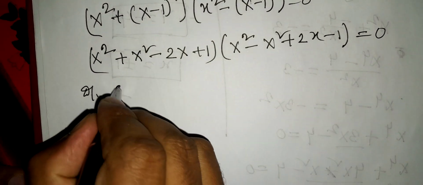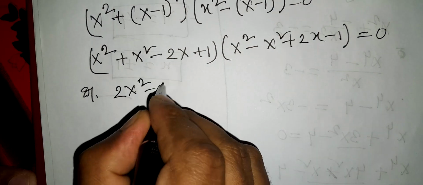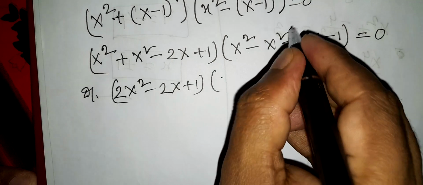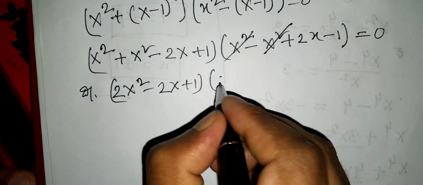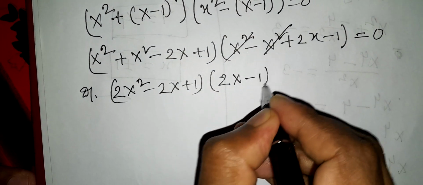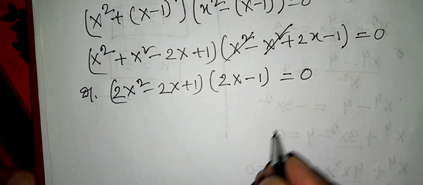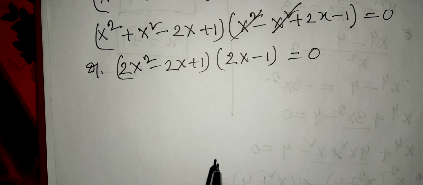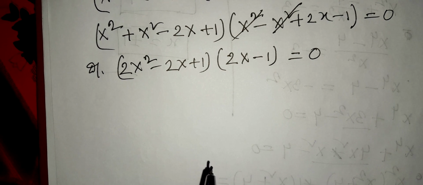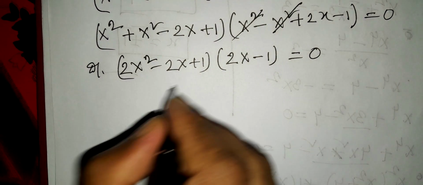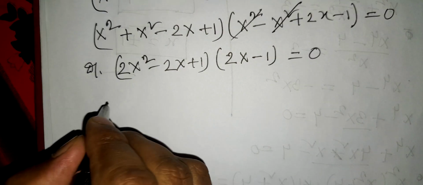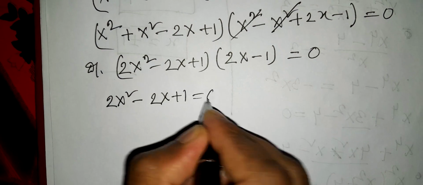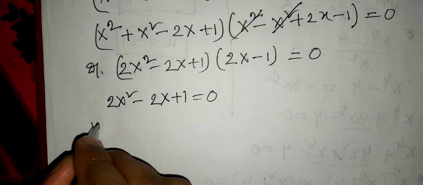So 2x square minus 2x plus 1 and 2x minus 1 equal to 0. Okay, now we use here, now we can write 2x square minus 2x plus 1 equal to 0.